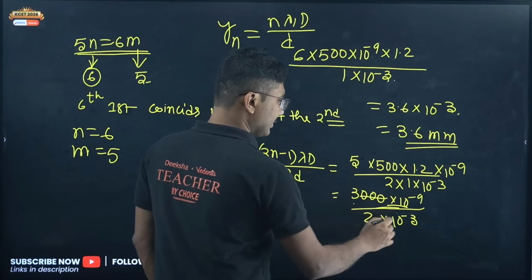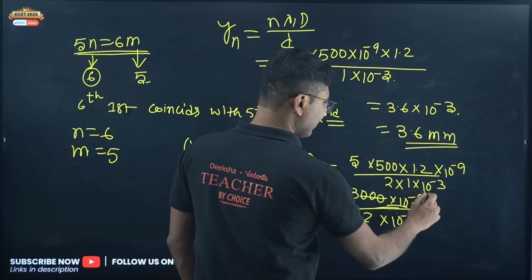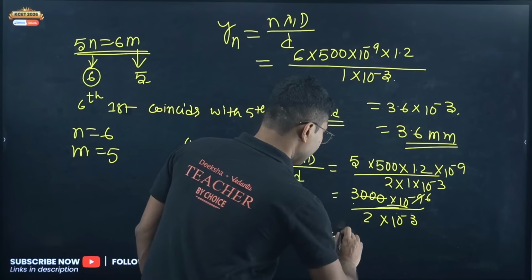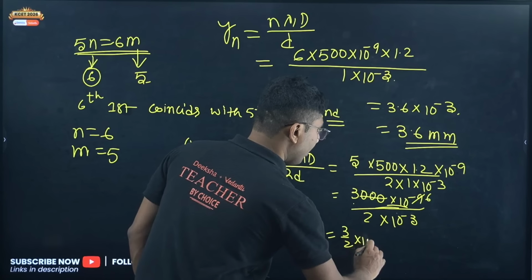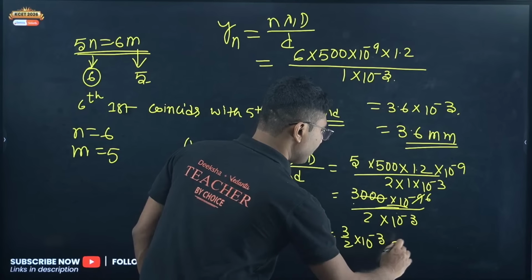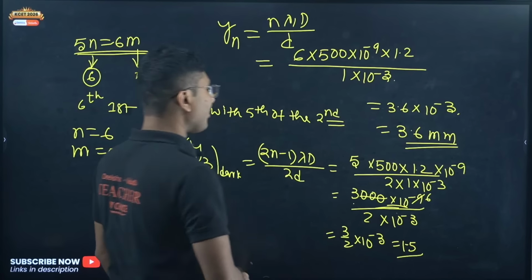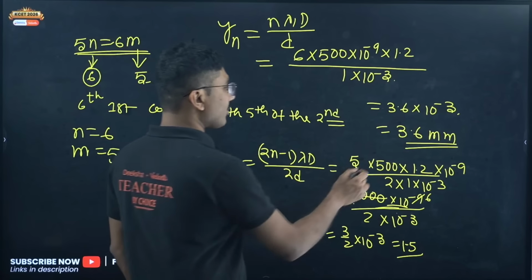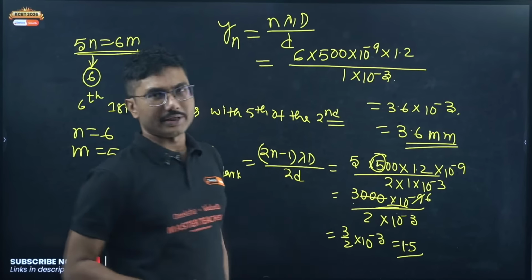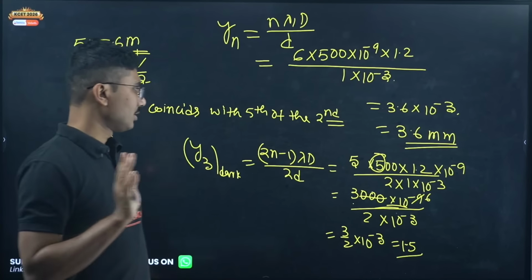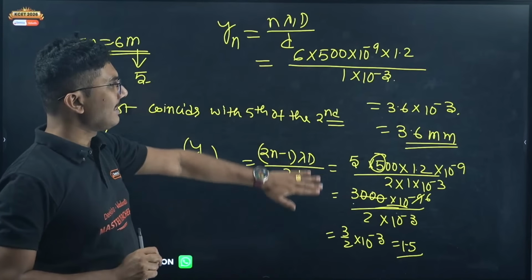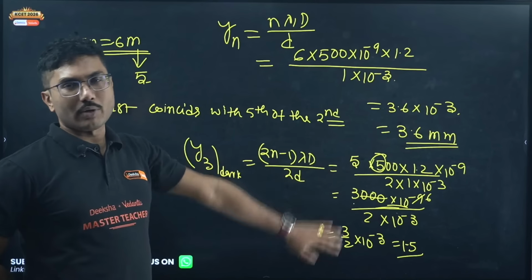So 3 zeros cancel, you get 6 over here, so you get 3 by 2 into 10 to the power of minus 3. So that will be 1.5. If you have got 1.8, that means instead of 500 you have used 600, 1 mark minus. Okay, if you have done the first part correctly, for the second part you will get 1 mark minus.